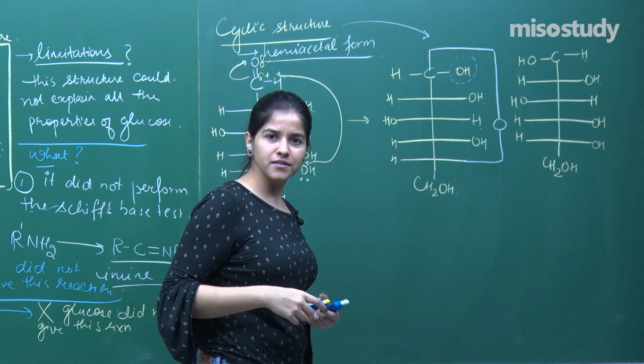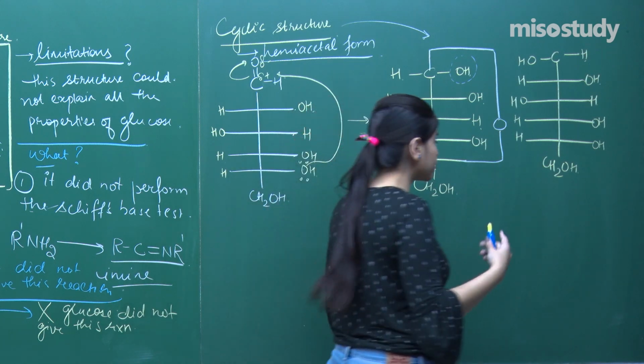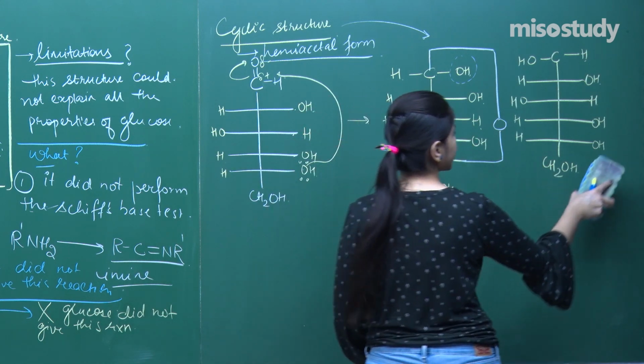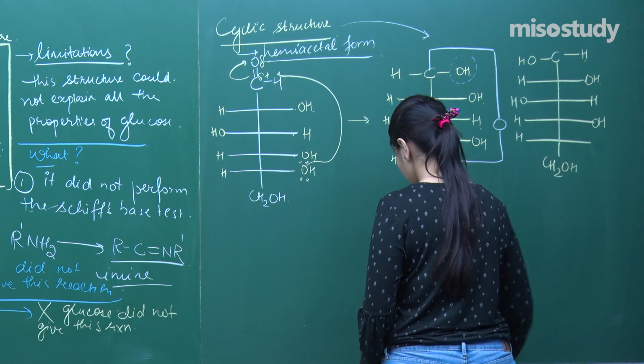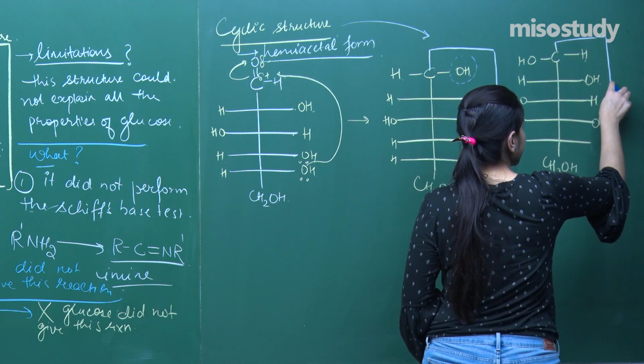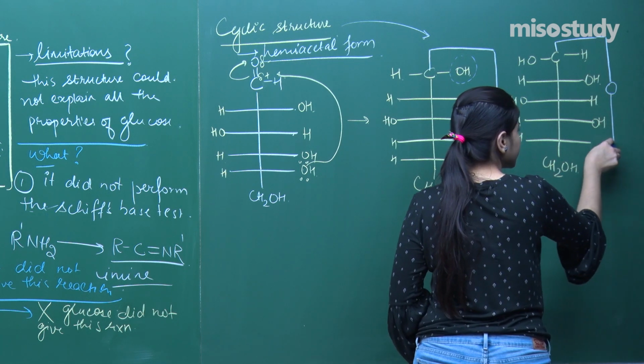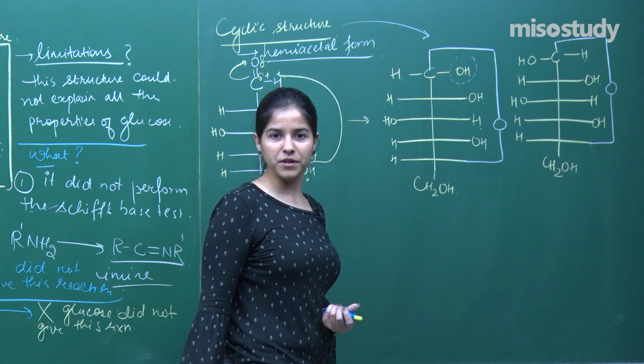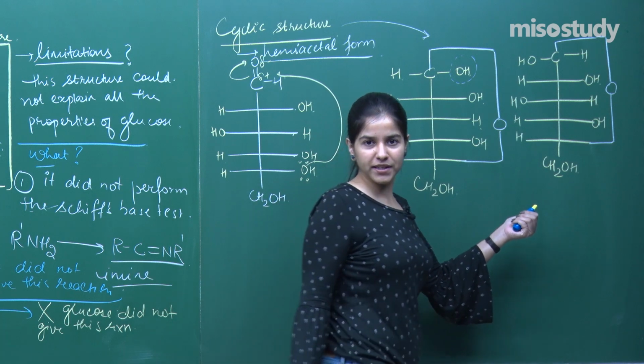Are you able to do that? And what do I have to do here? Yes, again the connection I have to make. So, do not ever forget to connect while drawing the cyclic structure. So, that is how the connection has been made. I hope everybody is clear with it.